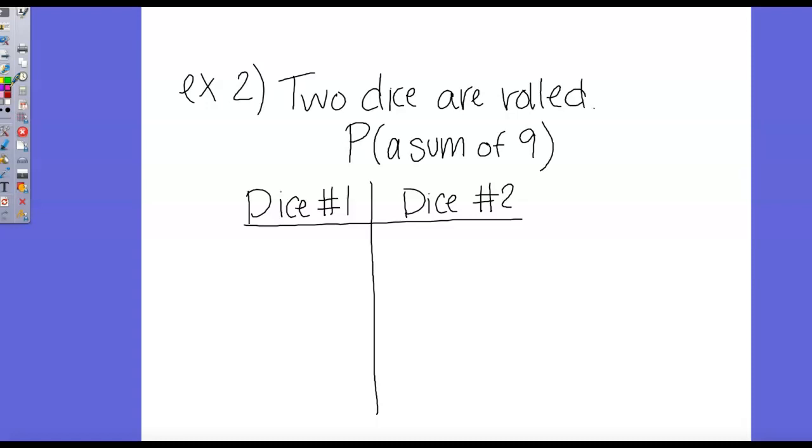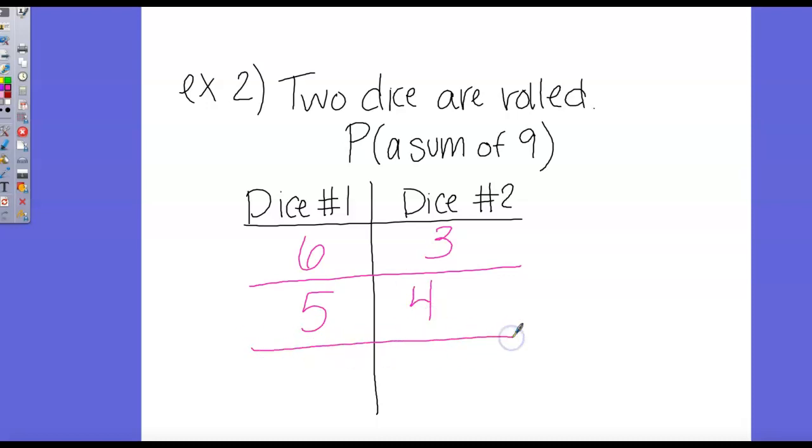Jacob? On dice 1, I could roll a 6, and dice 2, I could roll a 3. What's another option? Blake? 5 and 4. What's another option? Trey? Can you say it backwards? Yes. 4 and 5.